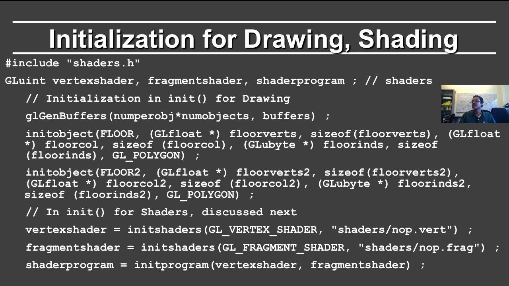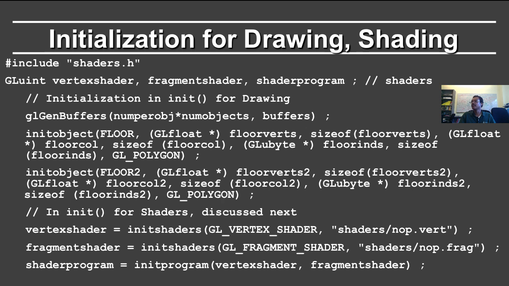Let's talk about initialization for drawing and shading. So I've defined a vertex shader, a fragment shader, and a shader program. And these are important to the initialization. So what I first do is call this glGenBuffers command, and it generates a number of buffers equal to number per object times the number of objects.